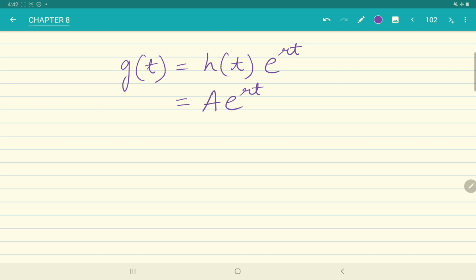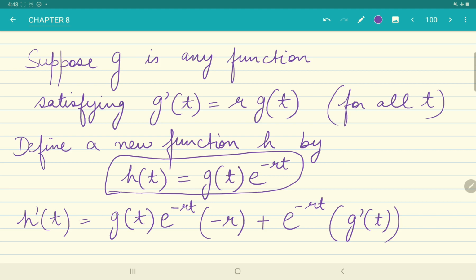So that actually proves that only a function of the type a e raised to the power rt has this property of a constant relative rate of increase, not any other function. We started out with g to be any function satisfying this property, and we saw that g is a function of the same type as f, which is a e raised to the power rt.